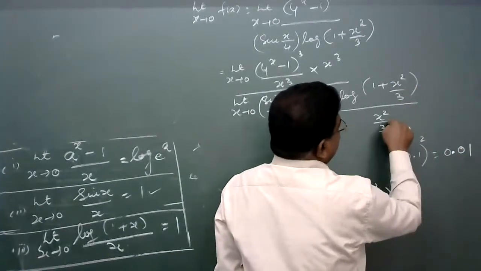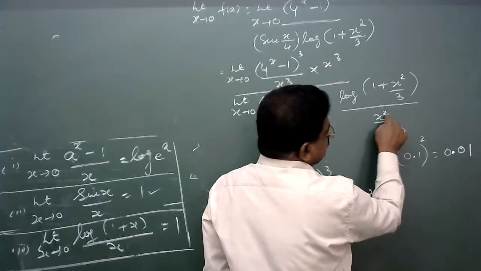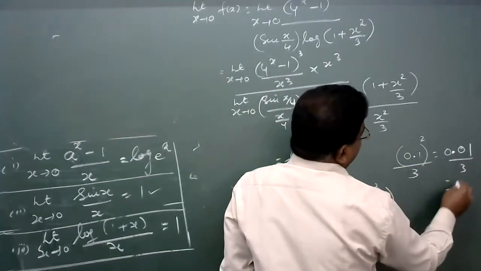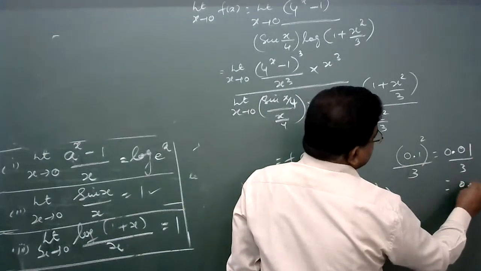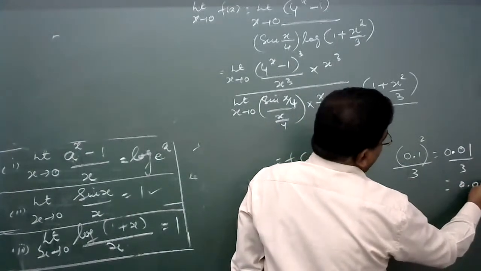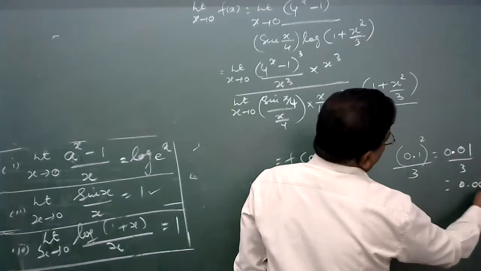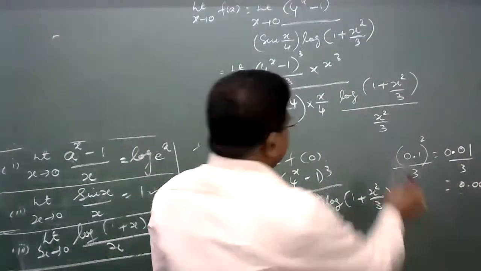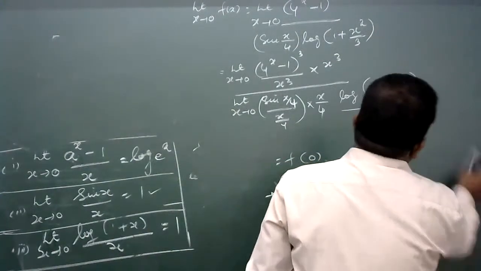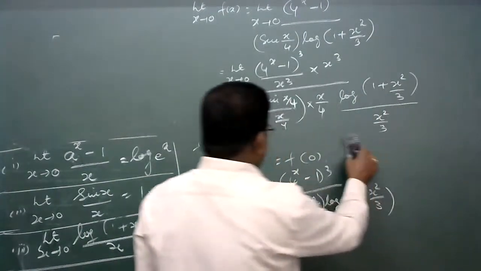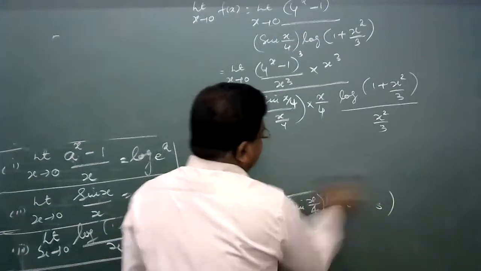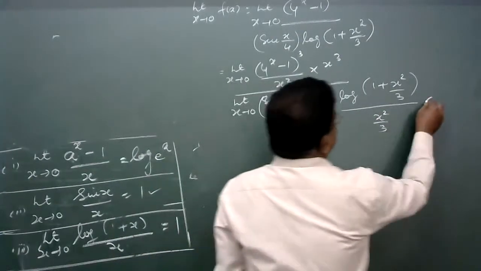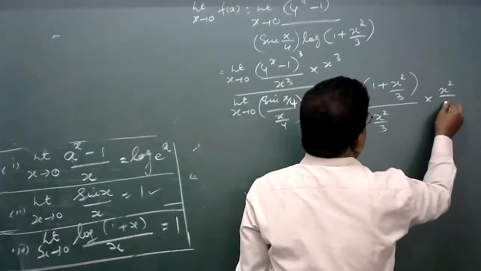So the same thing should be done here also. x squared upon 3 and divided by 3, 0.001, like that it is going on. Further it is decreasing. That's what, the quantity should be the same in the numerator along with the function as well as in the denominator.